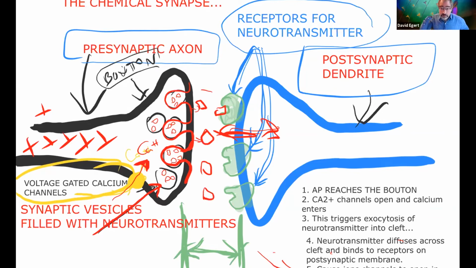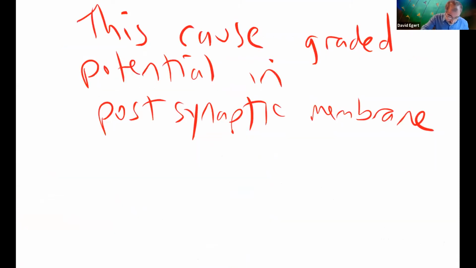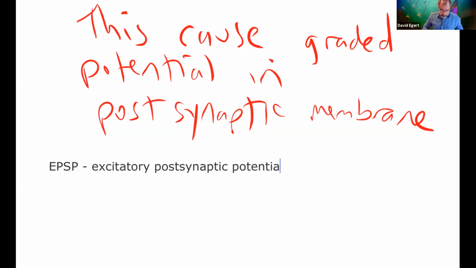So we talk about inhibitory versus excitatory postsynaptic potentials. So an EPSP, excitatory postsynaptic potential, you depolarize the membrane.